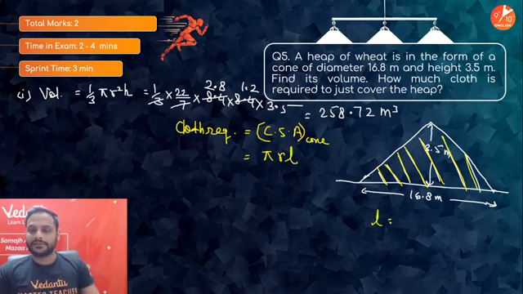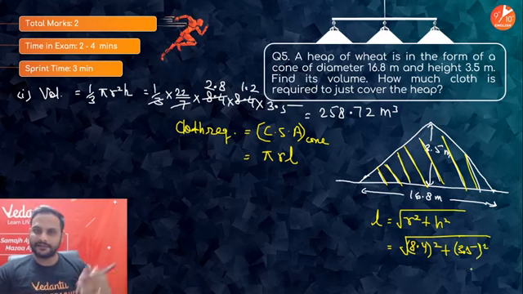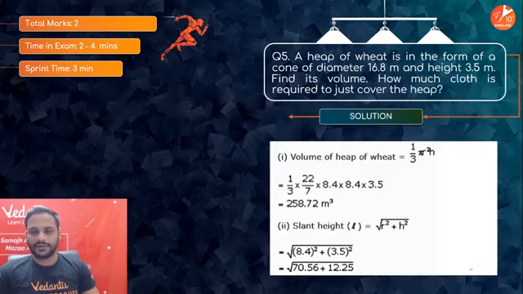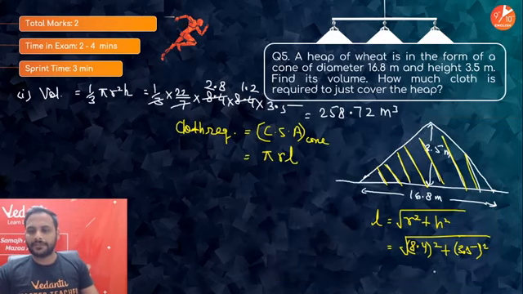So I know L is equal to square root of r square plus h square, that is square root of 8.4 whole square plus 3.5 whole square. So for 8.4 and 3.5, do the square of it, add them, so you will be getting 9.1 meter. Okay, 9.1 meter.